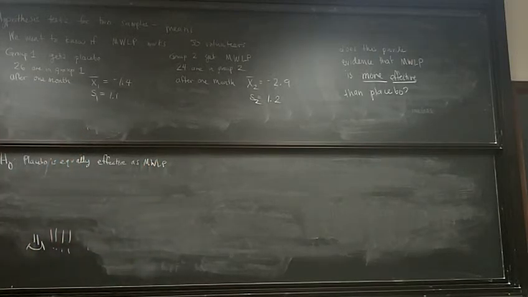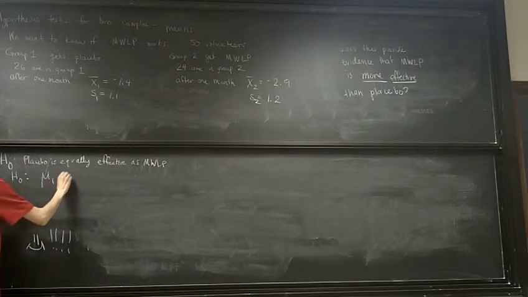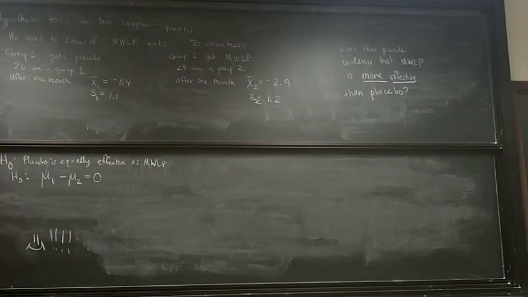Is that alright? So my null hypothesis in symbols would be what? H-O-N. I'm making a statement about what? The population mean. So it's going to be that mu1 minus mu2 equals 0.